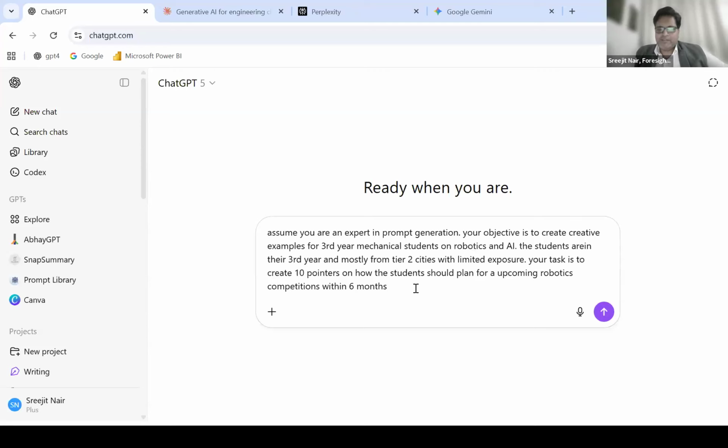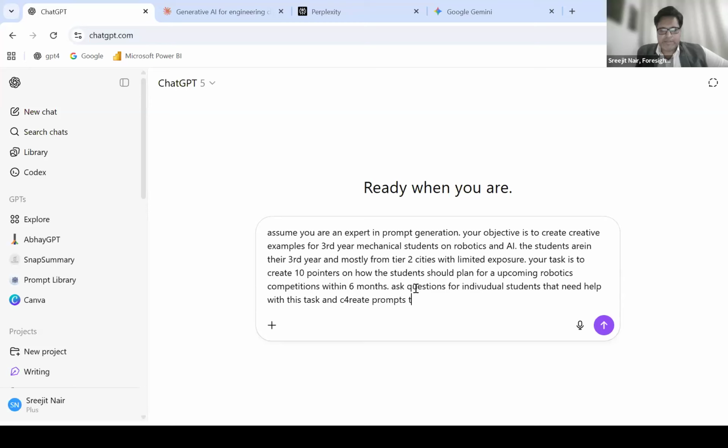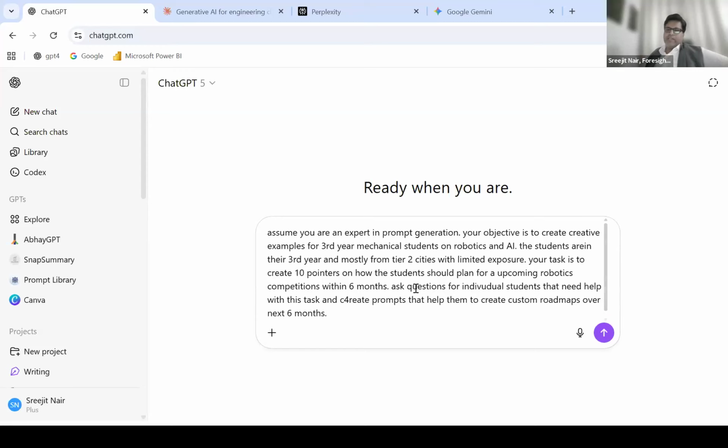So now ask questions for individual students that need help with this task and create prompts that help them to create custom roadmaps over the next 6 months.